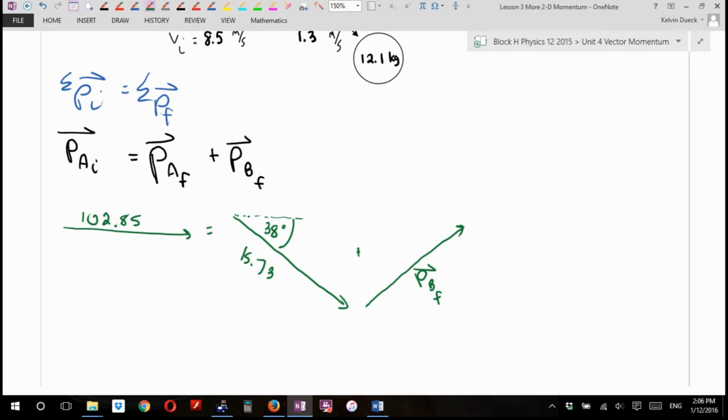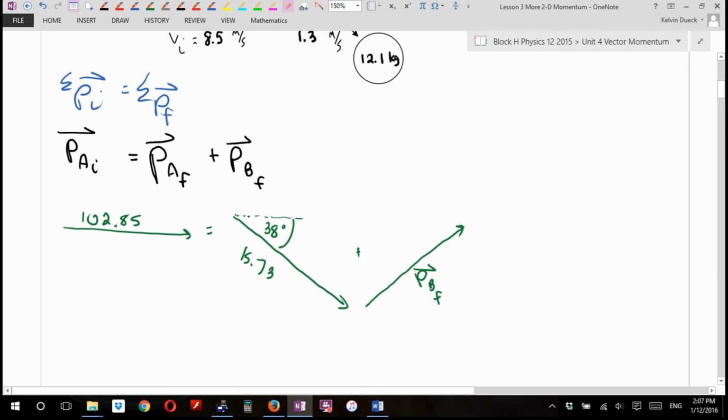If I wanted to, because this is what I'm trying to find, I could move this to this side, and say it's going to be A initial take away momentum A final. How do I subtract two vectors? I don't. I add the opposite, and that's perfectly valid.